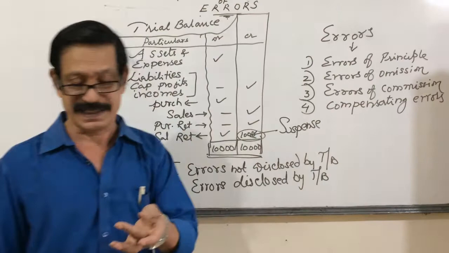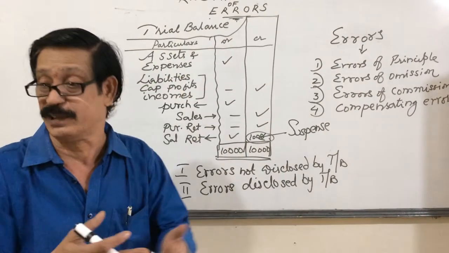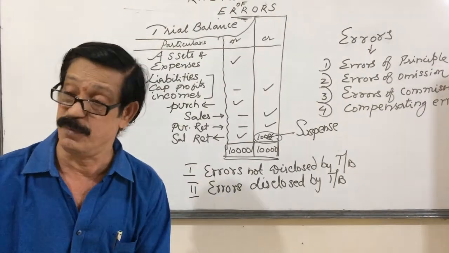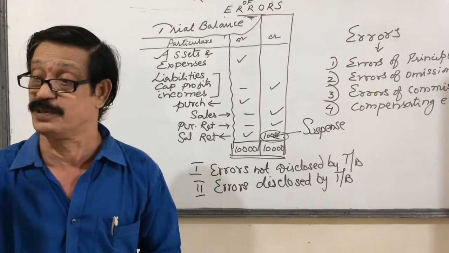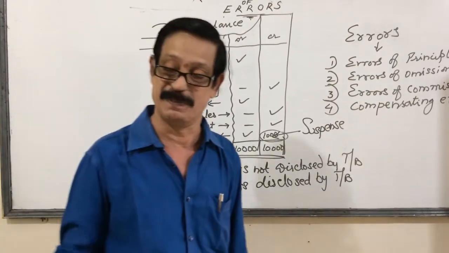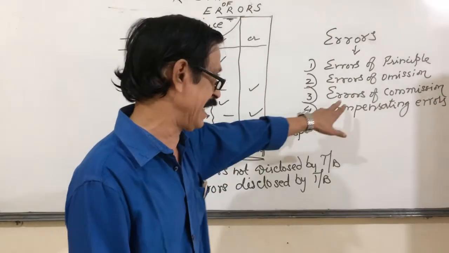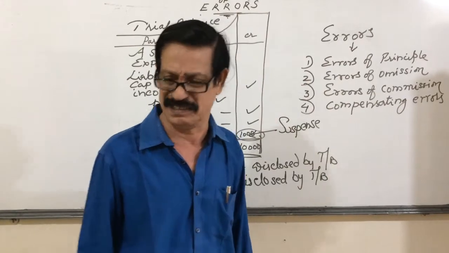Next, errors of commission. At the time of totaling, at the time of balancing of account, at the time of posting into the amount column, suppose you have to post 1,000, but you posted only 100 rupees. Understand? Such type of errors are called errors of commission, and they are also called clerical errors.